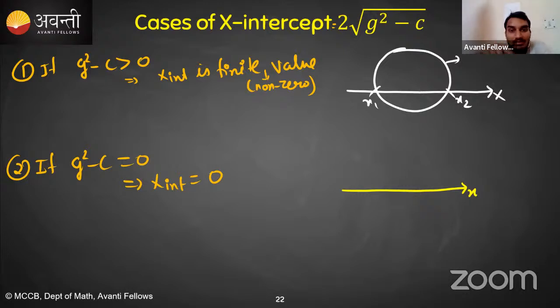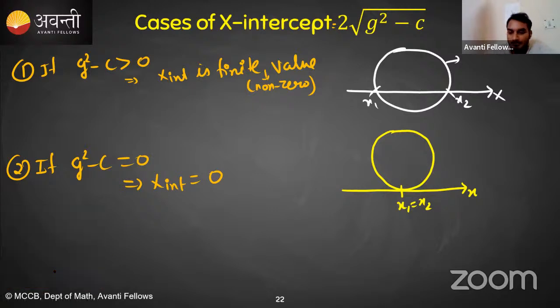It touches the x-axis at just one point, meaning x1 and x2 are the same. So in this case, the circle will touch the x-axis. So the x-intercept is 0. Is this clear, everyone? So when the x-intercept is 0, you can say that our circle is touching the x-axis.